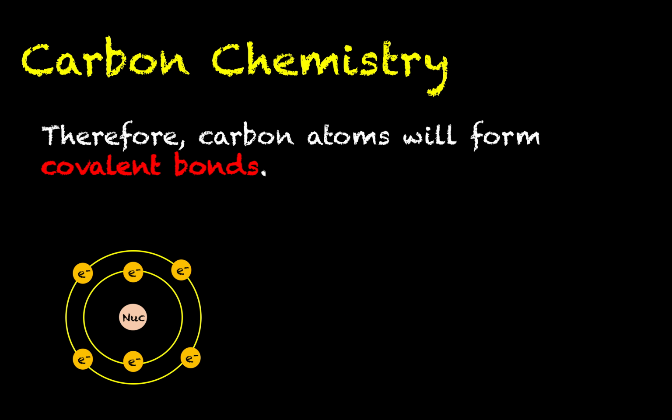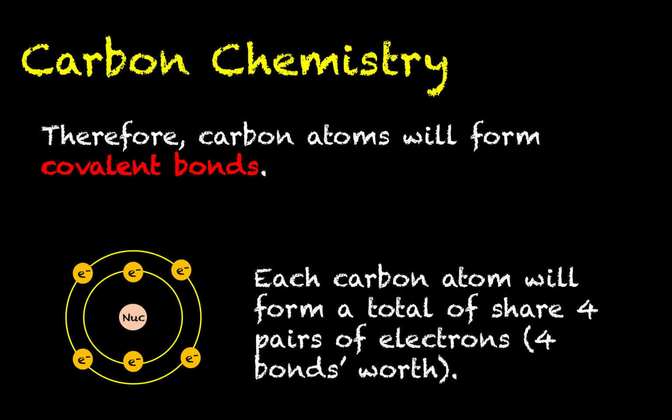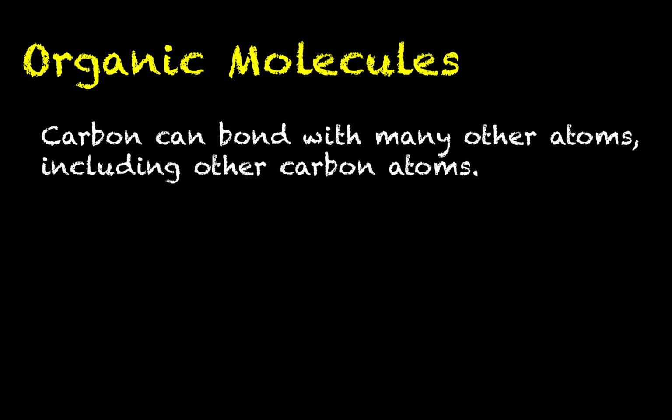So this tells us that the most likely possibility is that carbon atoms are going to form covalent bonds, which is based on the sharing of electrons rather than the complete transfer of electrons from one atom to another. Since carbon has 4 valence electrons, the most likely possibility is that carbon is going to want to form a total of 4 covalent bonds, which would involve the sharing of a total of 4 pairs of electrons.